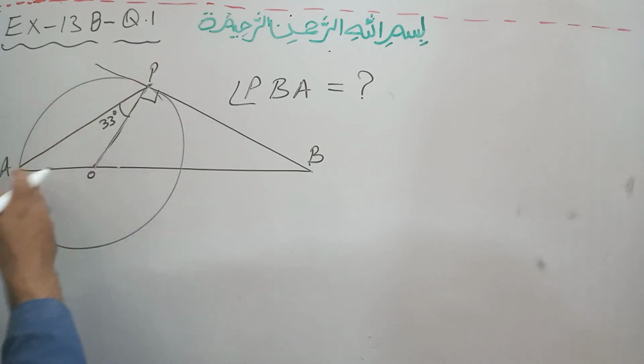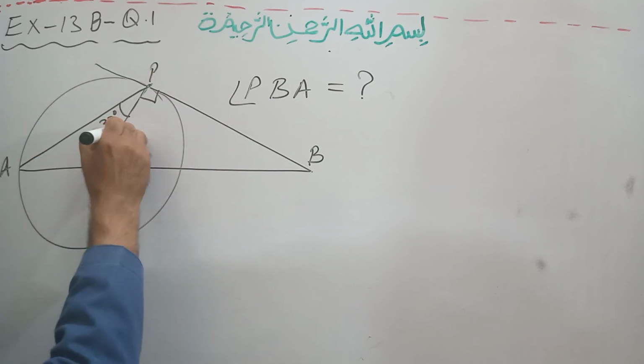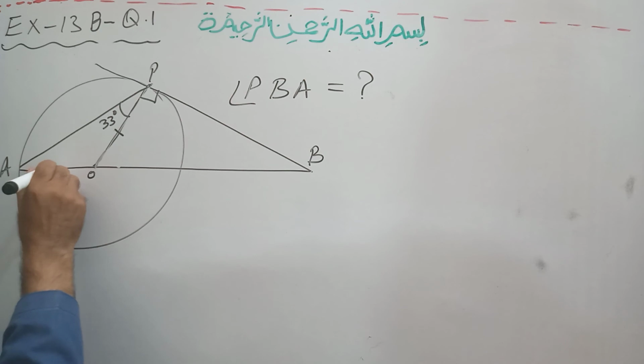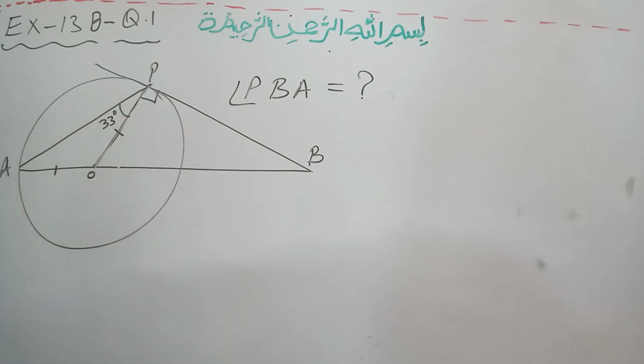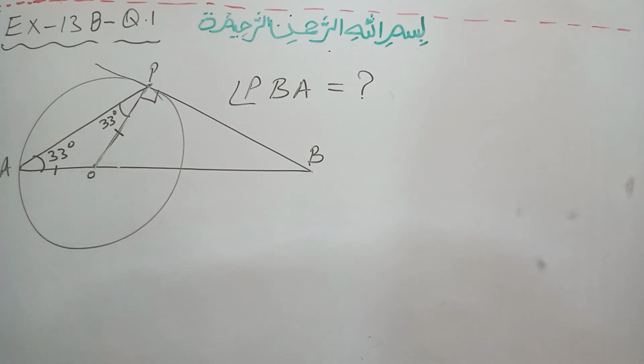So here you can see that this is an isosceles triangle. AOP is an isosceles triangle. AO and OP are equal. These are the radii of the circle. So this triangle is an isosceles triangle. The angle A will also be 33 degrees. Now we want to find the angle PBA.